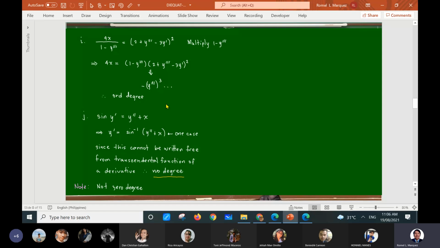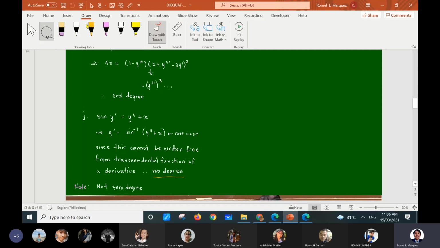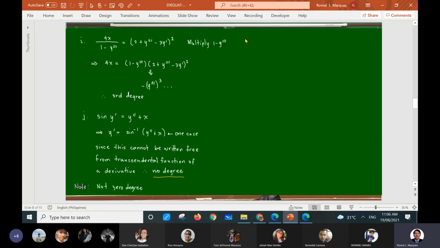So what about if I have this? Last one. e to the x y double prime, e to the x y double prime equals sine of x plus y plus 1. Okay?